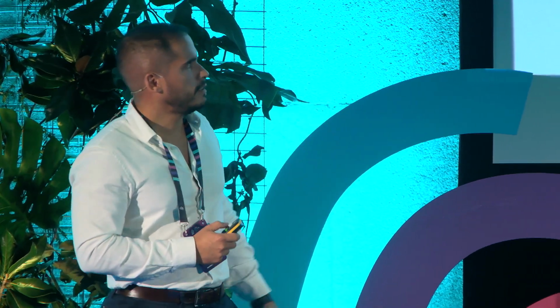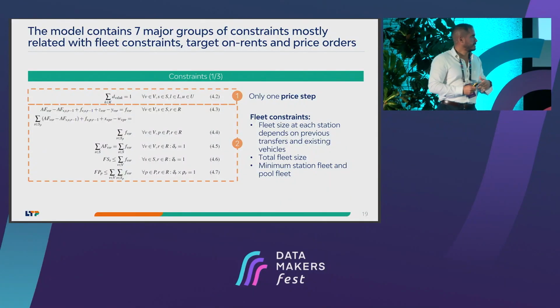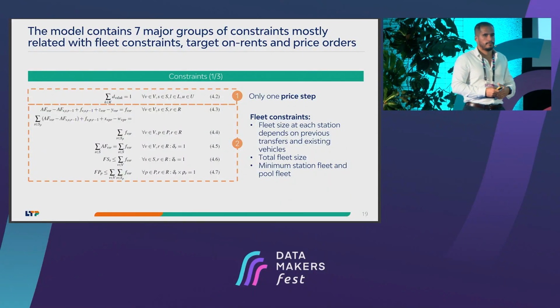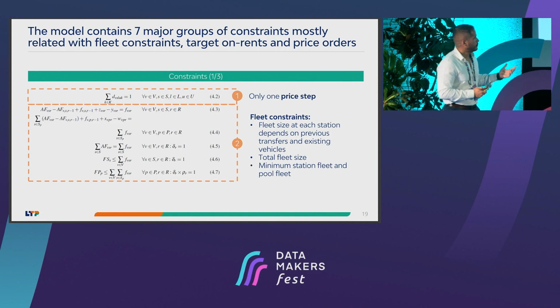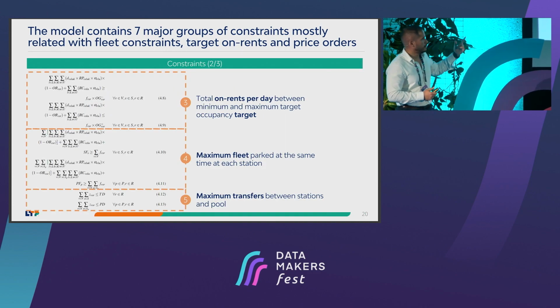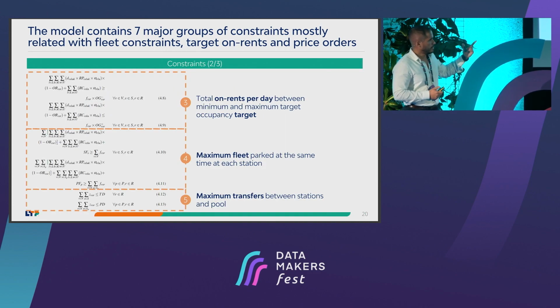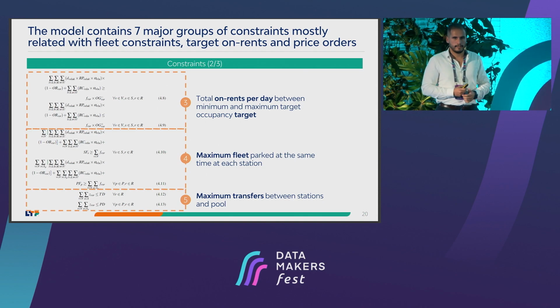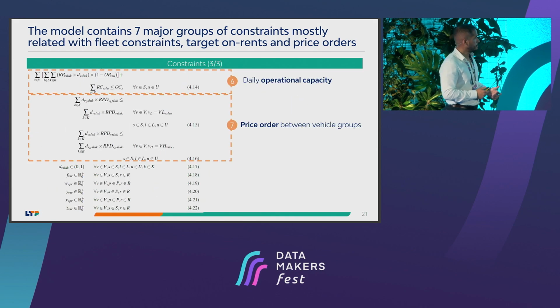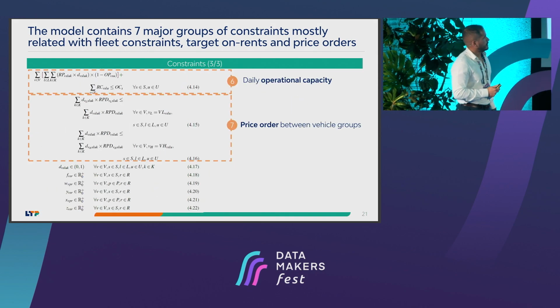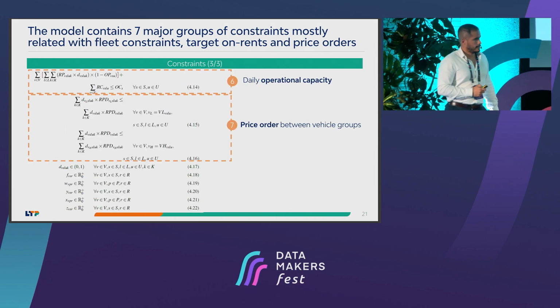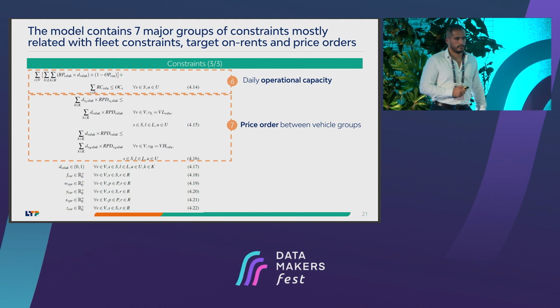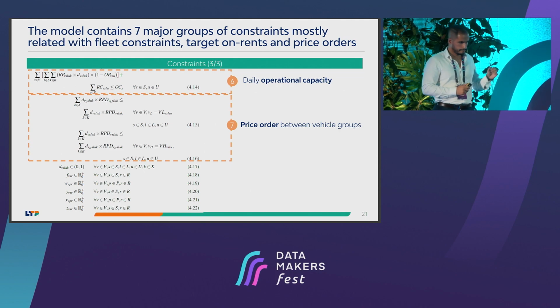We have fleet constraints, like the total fleet size and the minimum fleet size of each station and each pool, and the transfers. We have the maximum transfer between stations and between pools, because there are some limitations in terms of operational capacities. We have the price order, and the daily operational capacity is also taken into consideration at the end of the day.